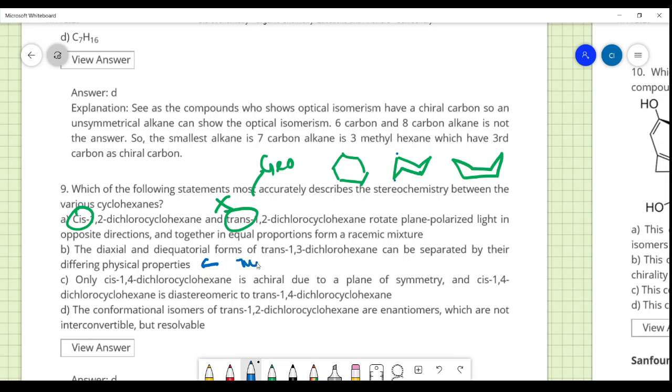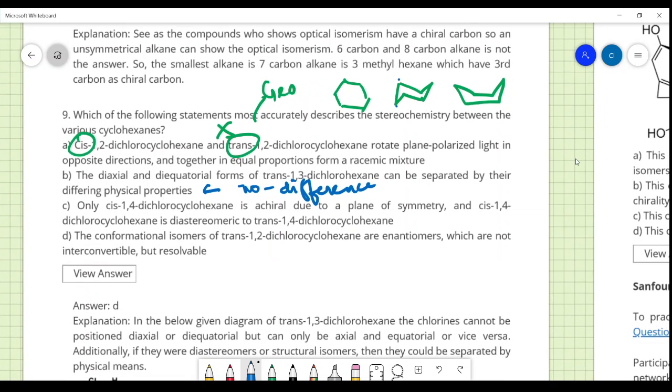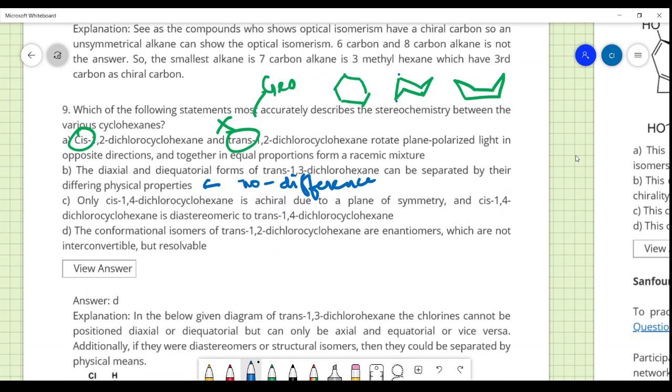There is no difference in physical properties. So the diaxial and diequatorial forms of trans cannot be separated by their physical properties. Okay. Only cis 1,4 dichlorocyclohexane is achiral due to the plane of symmetry. Then the conformational isomers of trans 1,2 dichlorohexane are not interconvertible but resolvable.